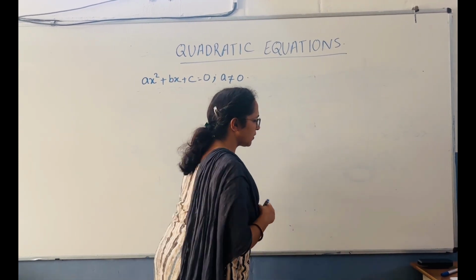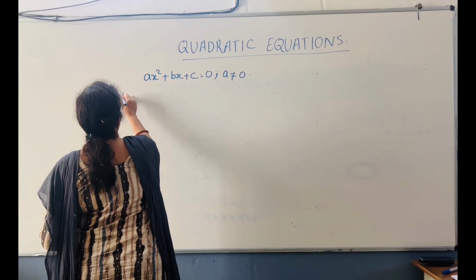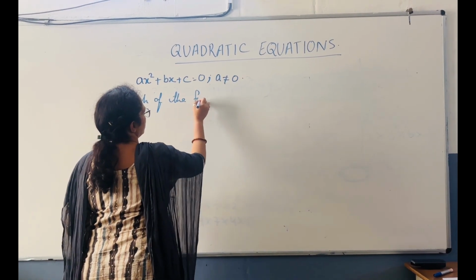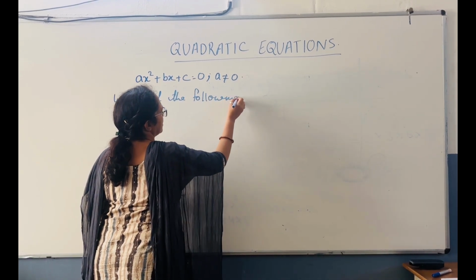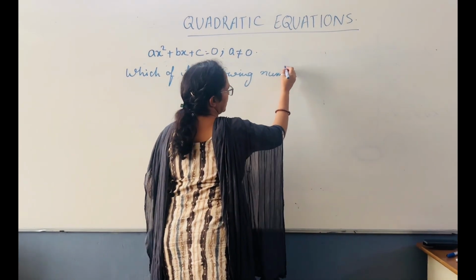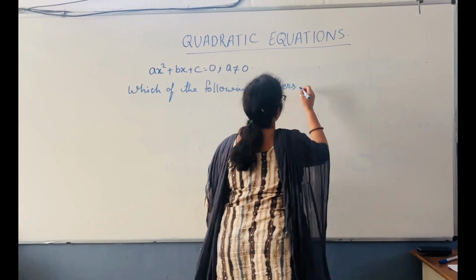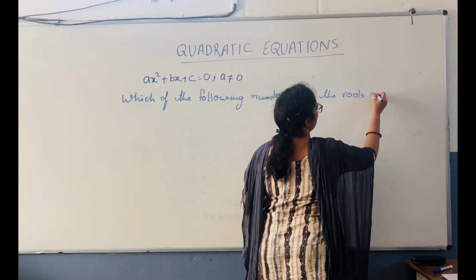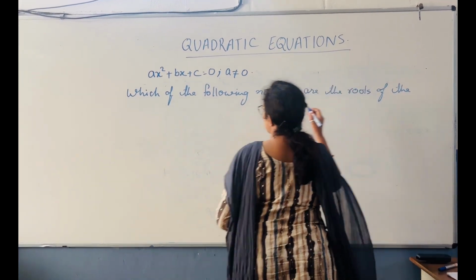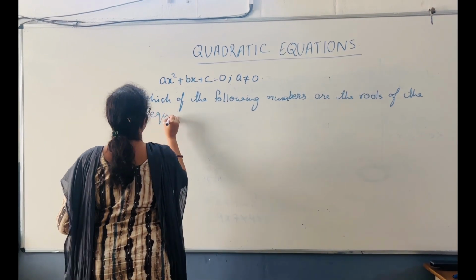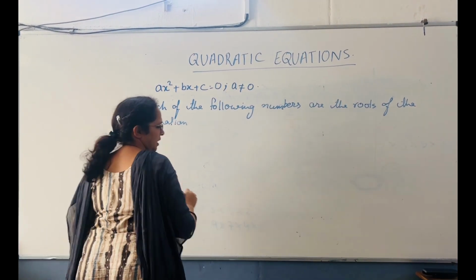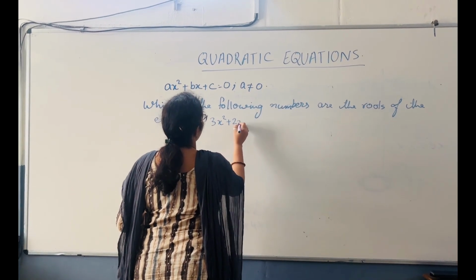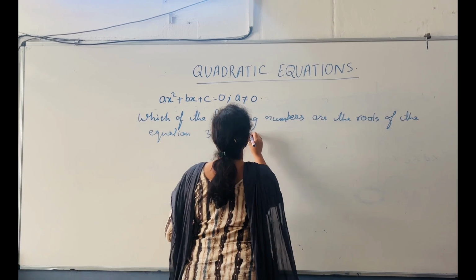For example, which of the following numbers are the roots of the equation 3x square plus 2x minus 1 is equal to 0.